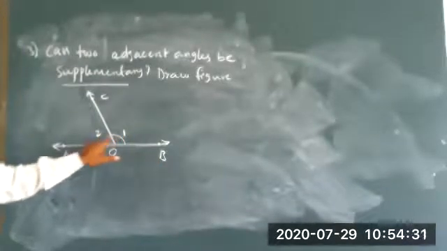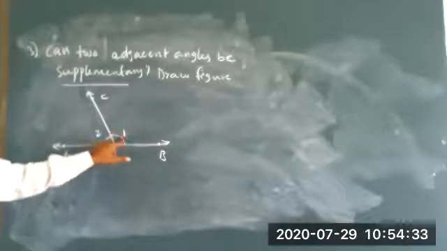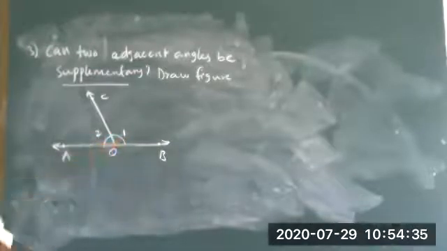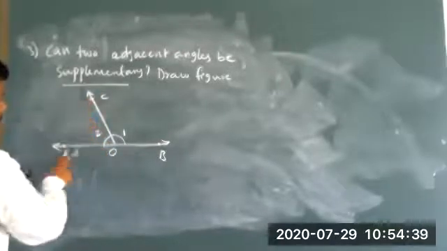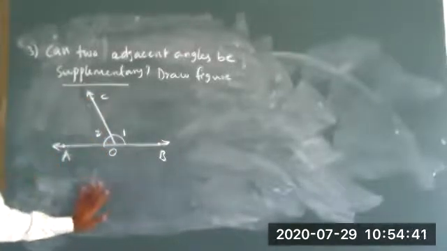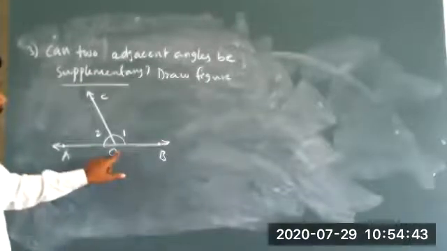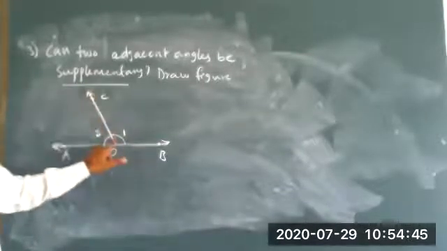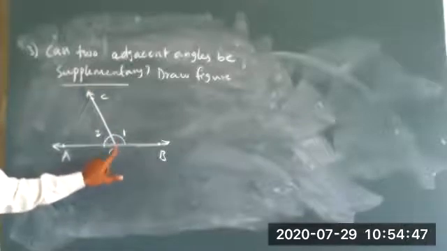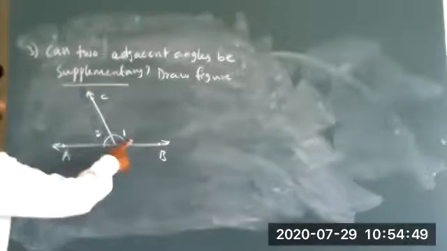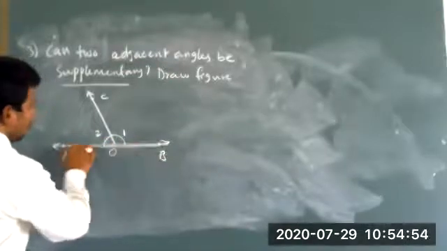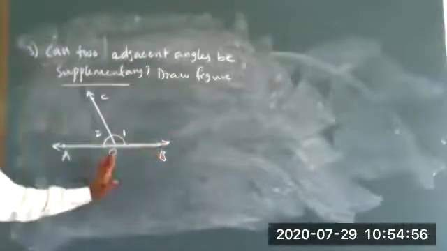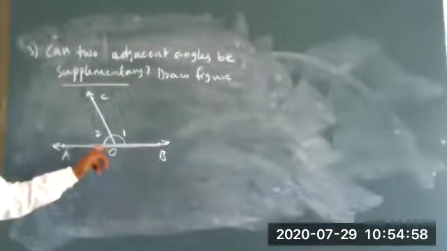These two angles are supplementary. These two angles are adjacent angles. Why? Because BOC and COA are adjacent angles, with a common arm and common vertex. So this is a straight line. Straight line means a straight angle. It has 180 degrees.